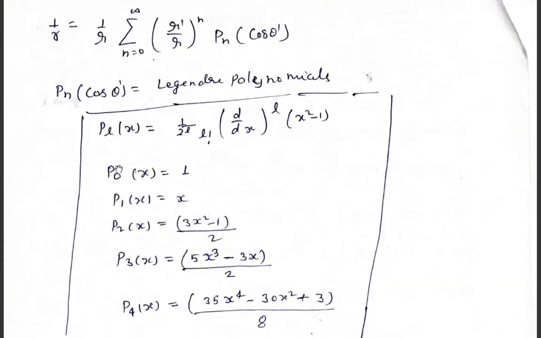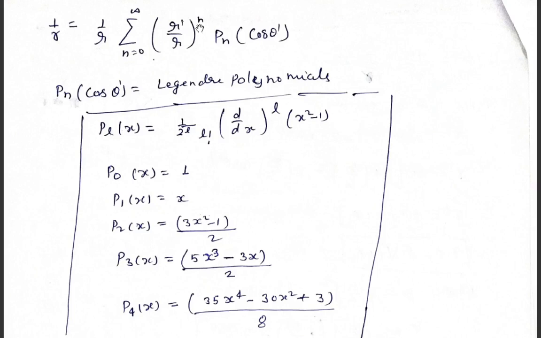Similarly, if you choose L equal to 1, P1(x) will give you x. In our case, if you choose P1 cos theta prime, in place of x we have cos theta prime, so we will get cos theta prime. So the second term will be equal to cos theta prime.